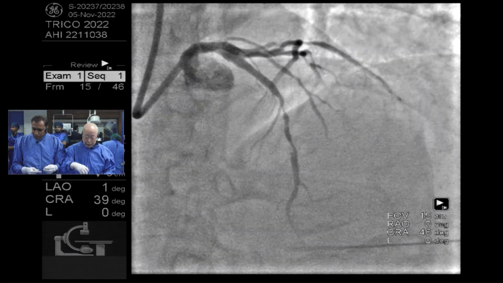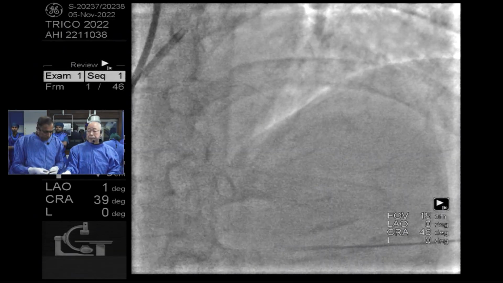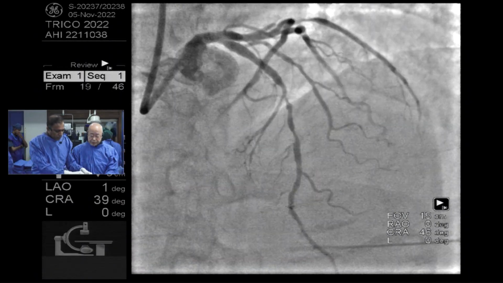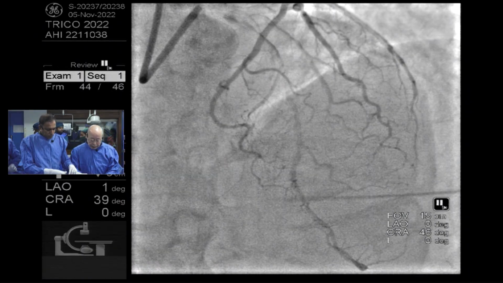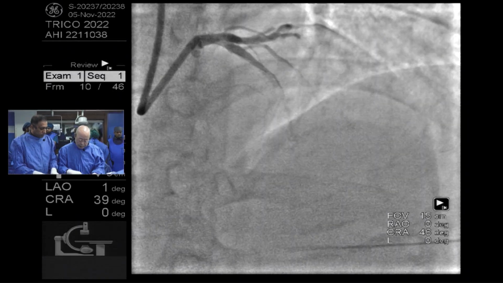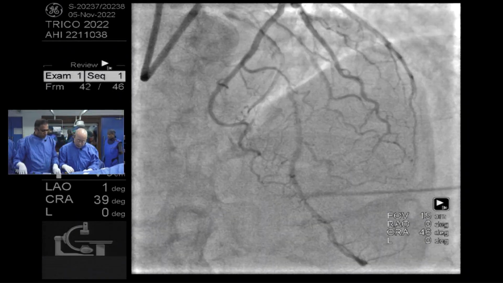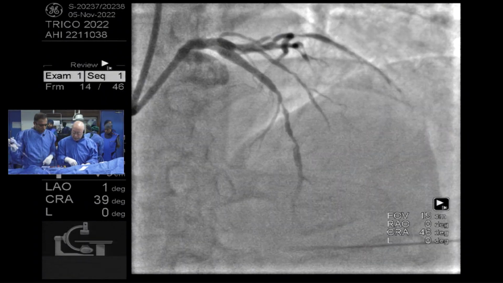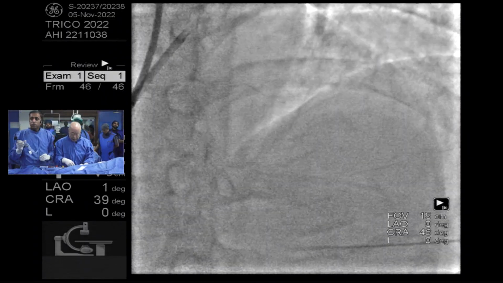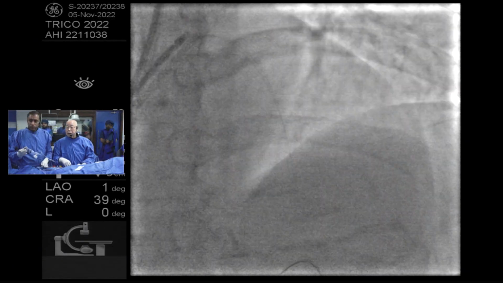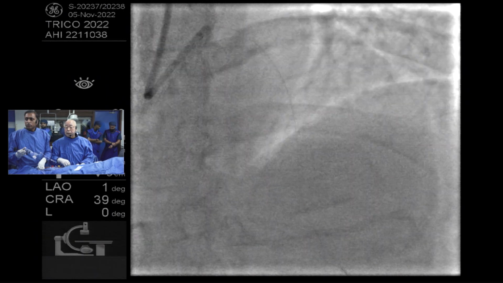For the marginals, do you think you could do the marginals without touching the circumflex? Yes, both, because both regions are very tight and not so small. Correct. This is a balloon to the LAD.